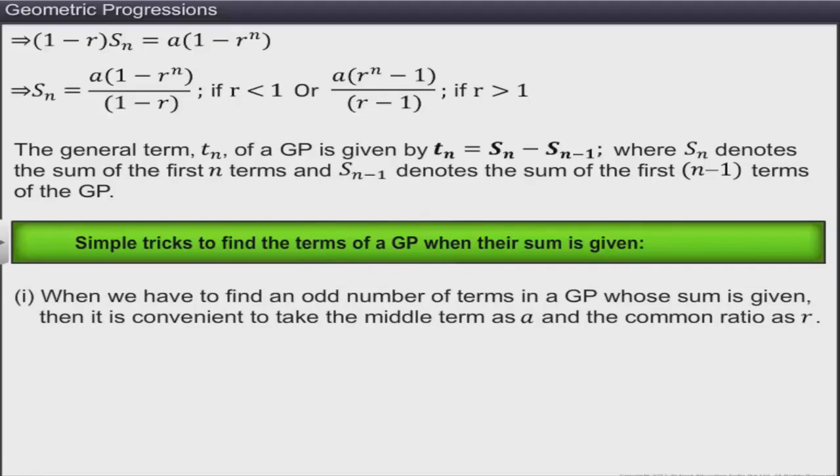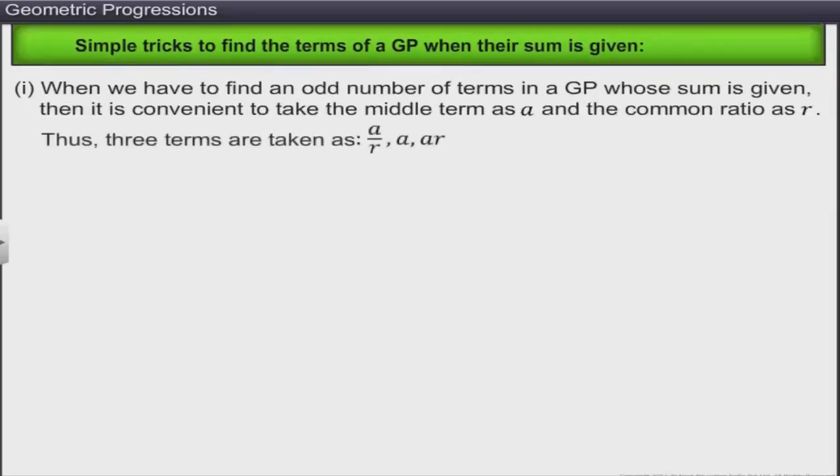Thus, 3 terms are taken as a upon r, a, and a into r, while 5 terms are taken as a upon r square, a upon r, a, a into r, and a into r square.